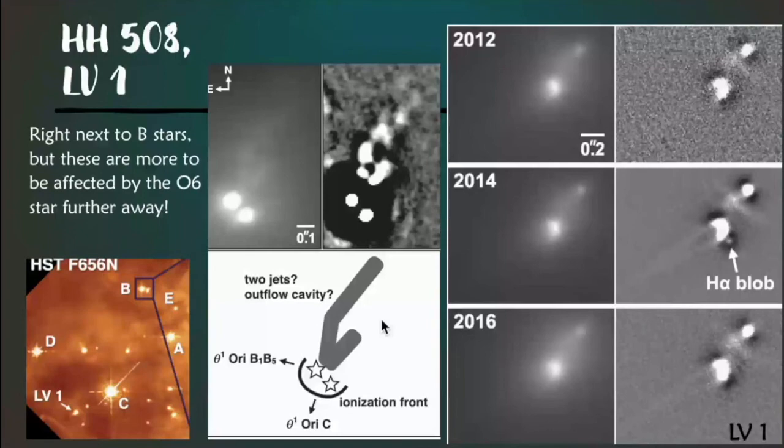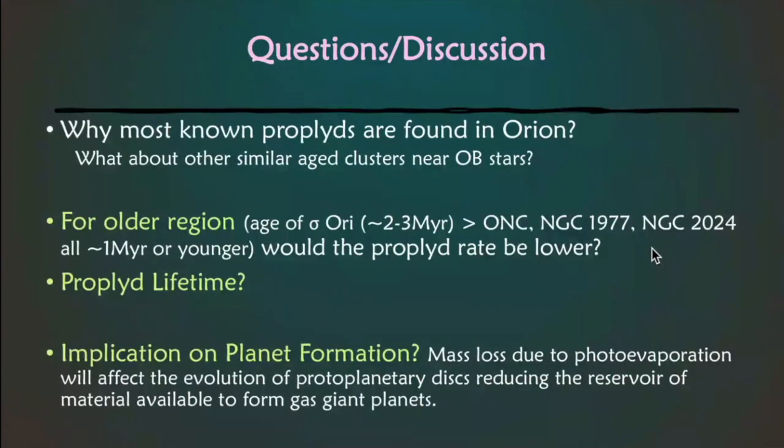I hope we can discuss these questions at some point. We have a lot of proplyds, and all those proplyds we know are mostly from Orion. So why are most of the known proplyds found in Orion? What about the other similar age clusters near massive stars? I have had some students and we were trying to find other regions, and we found that a lot of HST images were not deep enough, not anywhere close to the quality of the ONC data where we found a lot of proplyds. 1977 was directly observed by John Bally to search for proplyds as well.